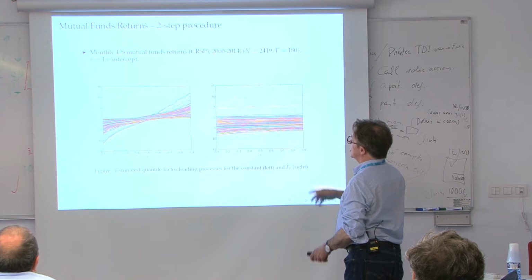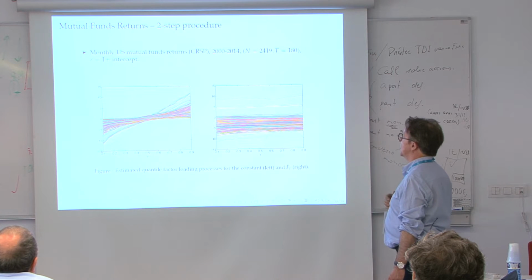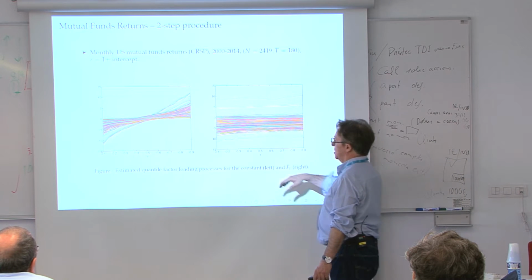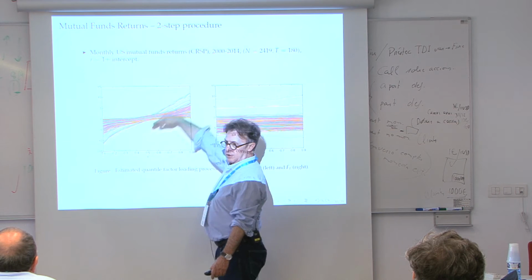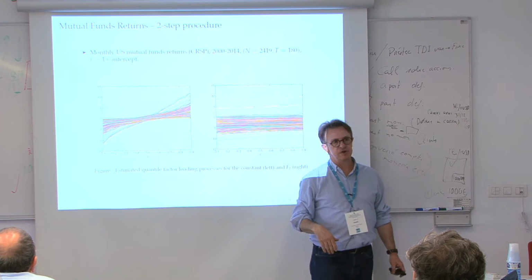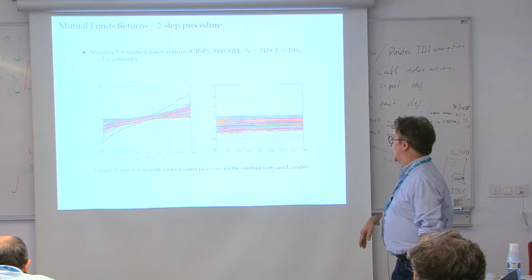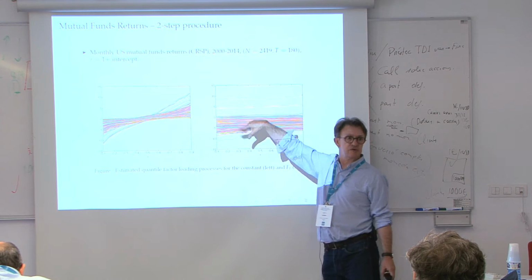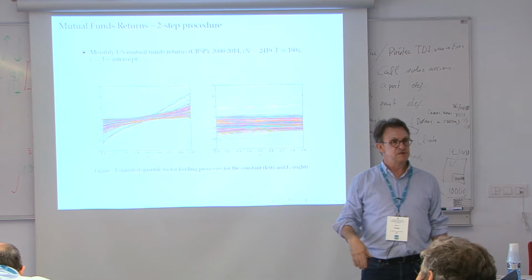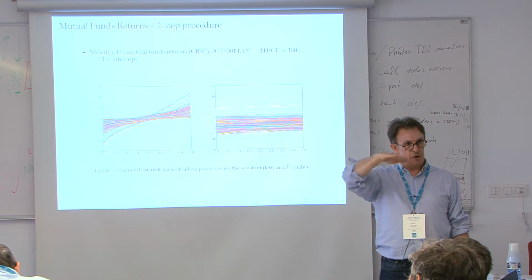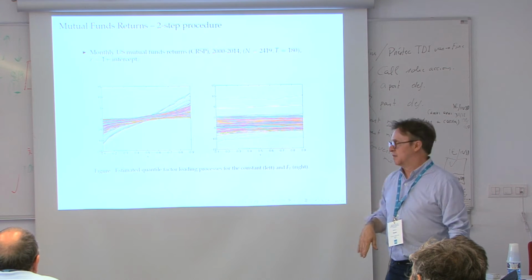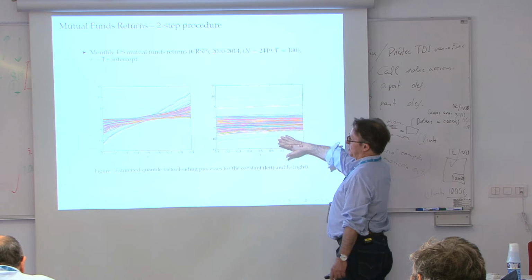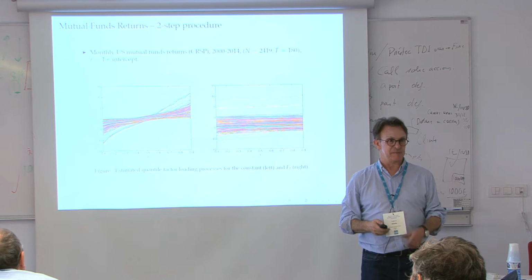When you look at the mutual funds returns, from 2000 to 2014, you again see this variation in the intercept. There's a little bit of variation, because we could test using the previous results I told you about the constancy or non-constancy of these quantiles, but basically the message would be pretty much the same.